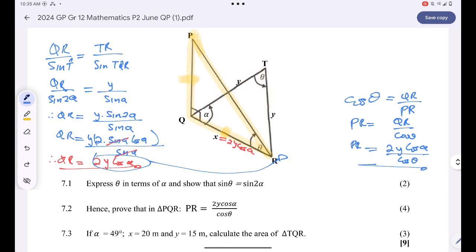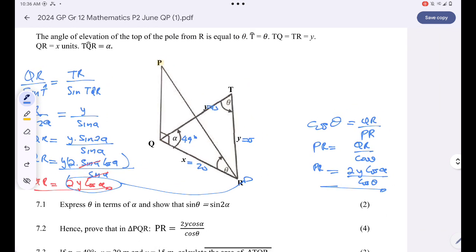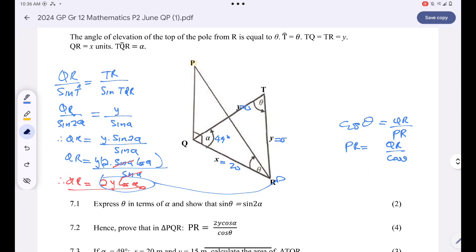And then secondly, we are told that angle alpha is 49 degrees, X is 20, Y is 15. They want us to find the area. For me to find the area, guys, it will be quite simple. I'll simply use my area rule.